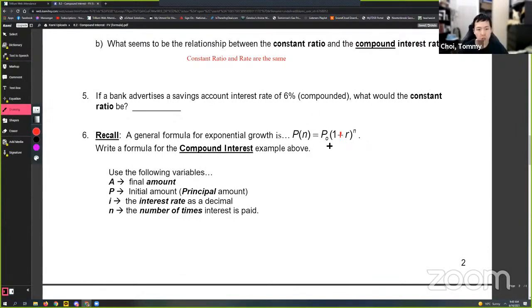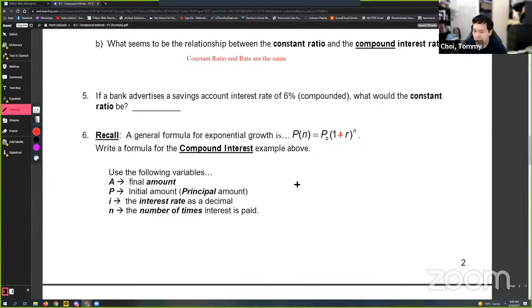So if this is our formula for exponential growth, then our ratio or our compound interest can be determined using this value here. So use the following variables. A is the final amount, P is the initial amount, I is the interest rate, N is the number of times.